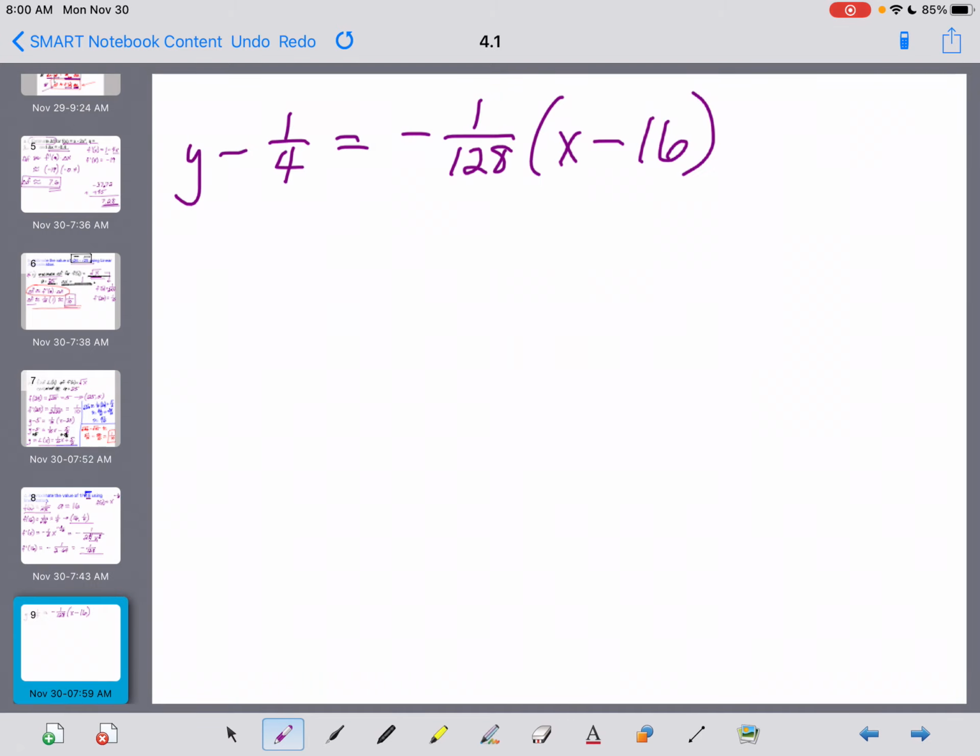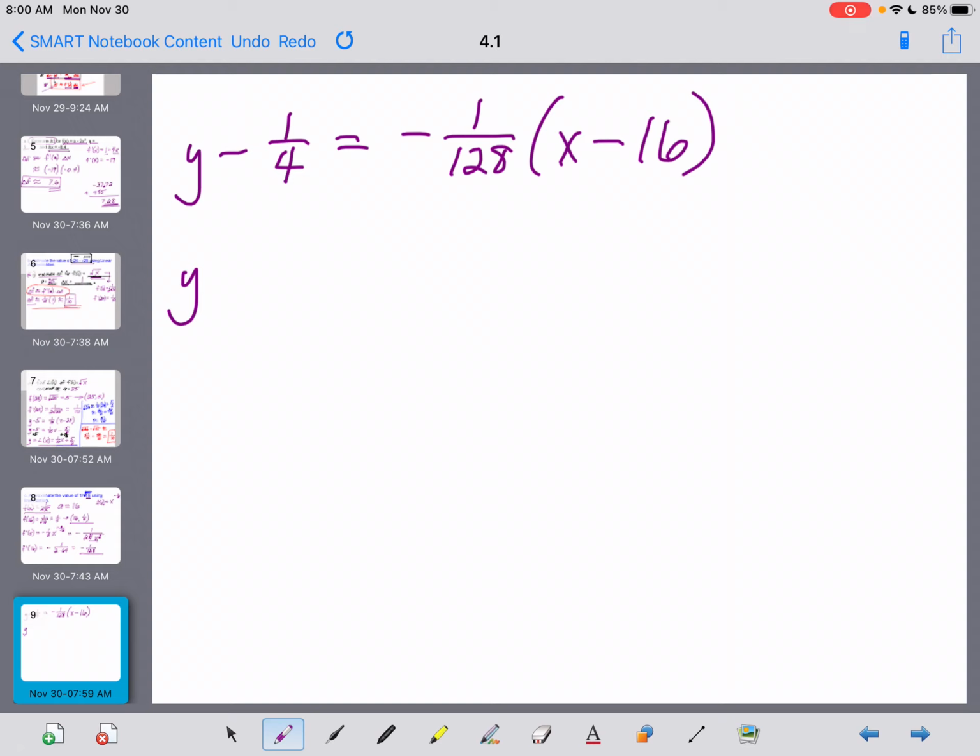All right, and we want to try to get this thing solved for y. So I'm going to go ahead and do something you've seen once or twice before. I haven't done it very much. I'm not going to bother because distributing the negative 1 over 128 is going to be really ugly when I get to the 16.